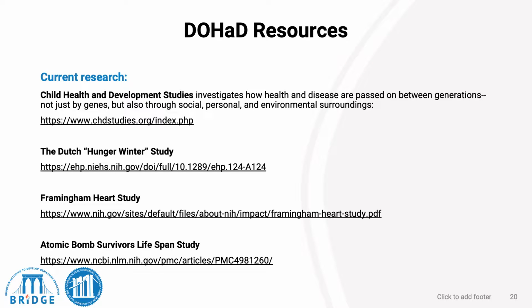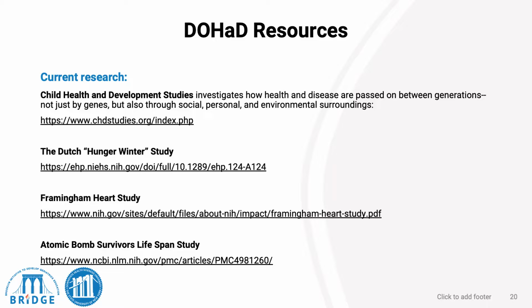And so a few resources for you in terms of current research. There's the Child Health and Development Studies that I'm going to be referring to a little bit later on. There's the Dutch Hunger Winter Study, which is a famous, well-known study in epidemiology that looked at Dutch children during World War II, when there was a famine, and the health effects, and they followed those children throughout time.